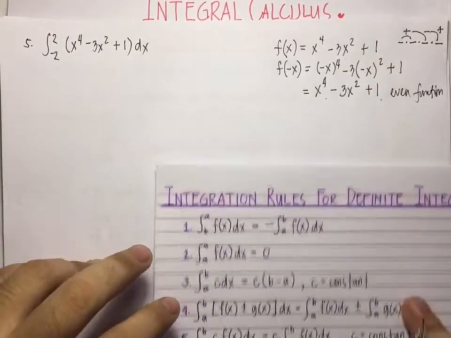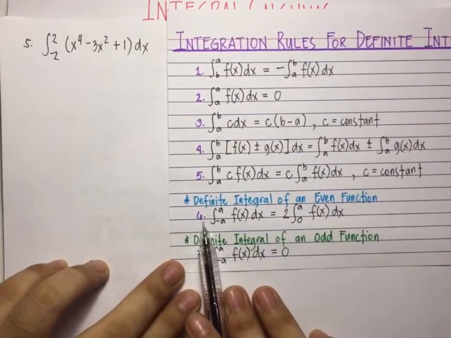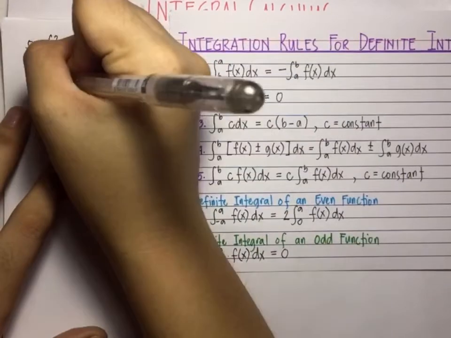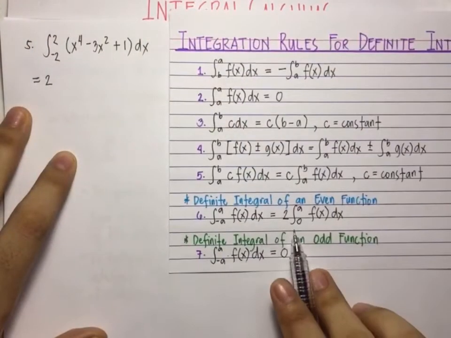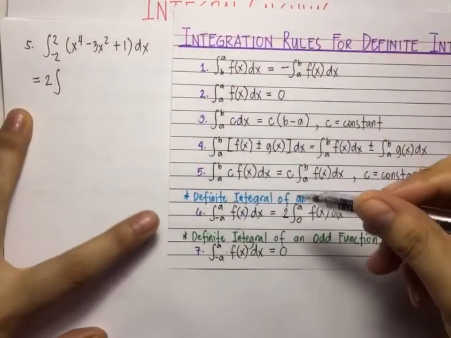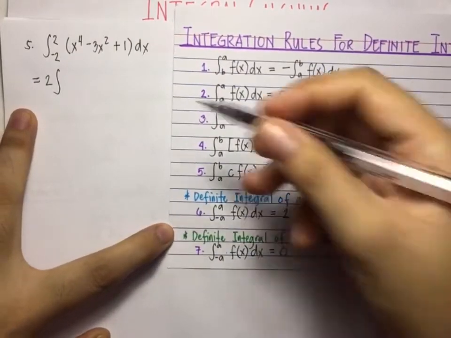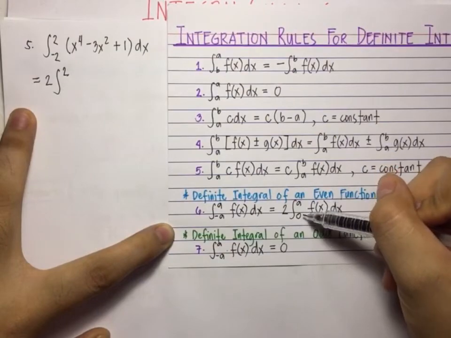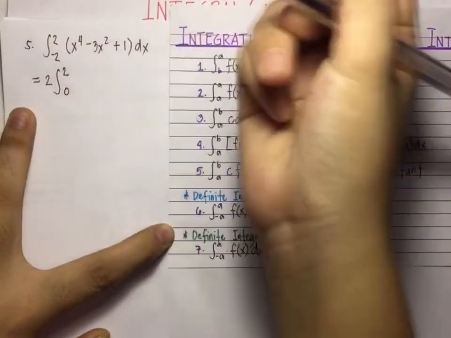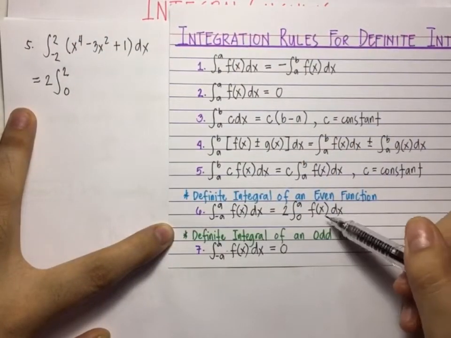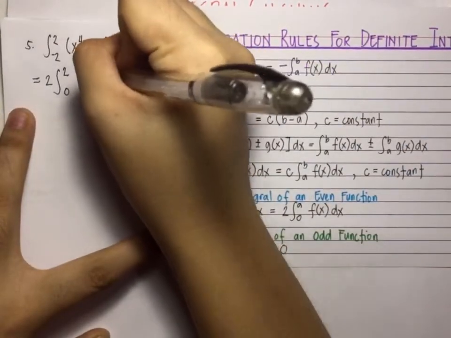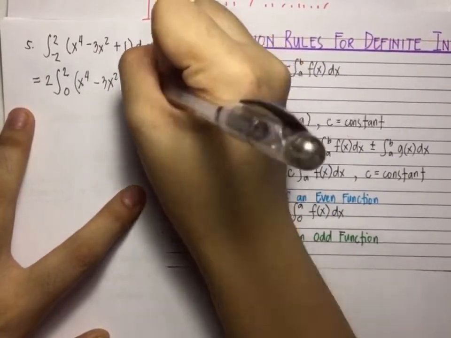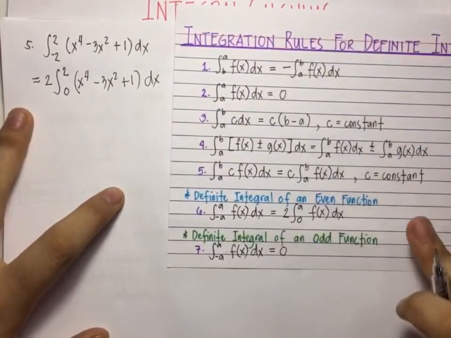Therefore, we apply theorem number 6, which is equal to 2 times the integral of a to 0. So our a is 2, the upper limit, then the lower limit becomes 0. Then copy the function x raised to 4 minus 3x squared plus 1 times dx.